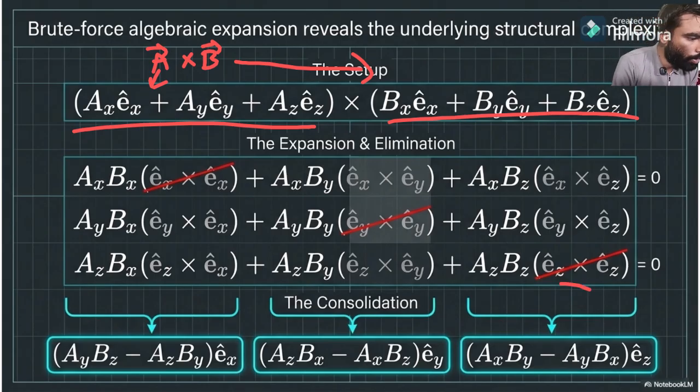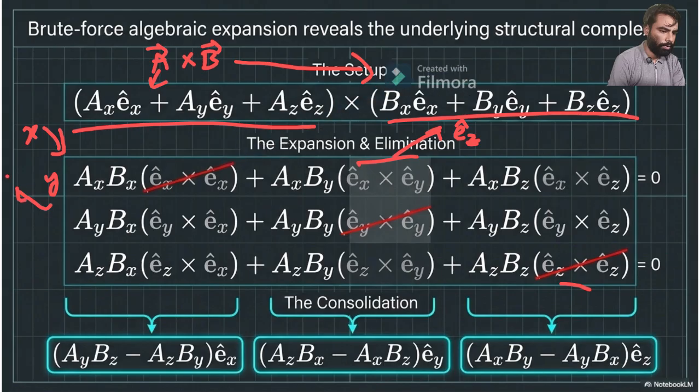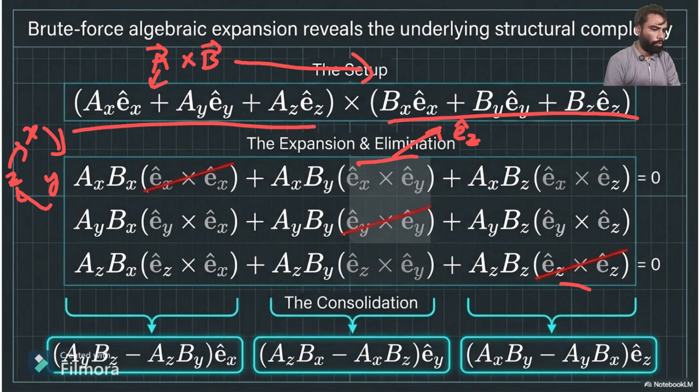Now, what are the terms that are not the same? For ex cross ey, as I have told you, it is the forward cyclic way, so it will give you ez. Now ex cross ez. For forward cyclic, if you face problems, you can draw x, y, z. For ex, ey you get ez. Now ex, ez is reverse cyclic, so it will give you ey but in minus form.